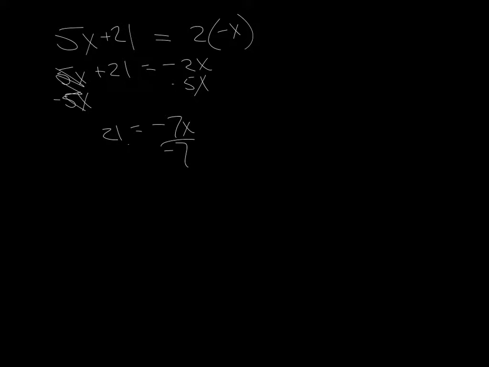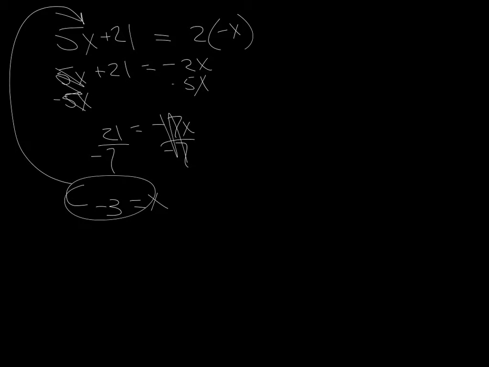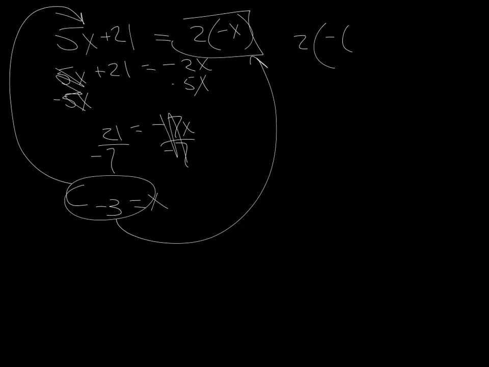Divide by negative 7. Get rid of that. 21 over negative 7, a positive over a negative is a negative. So I get x equals negative 3. And when I plug this negative 3 in here, and here, and this is what happens here. This is 2 times negative, and what is x?